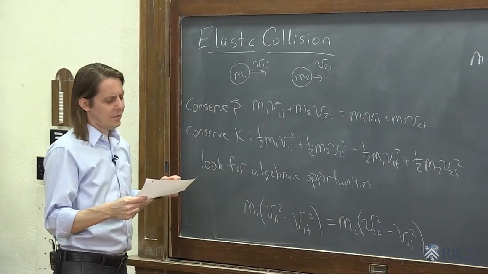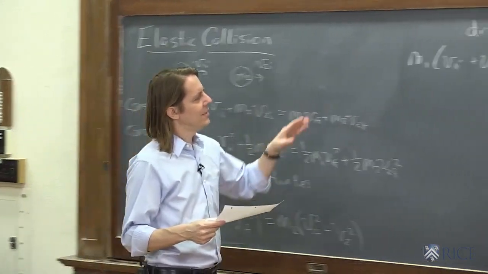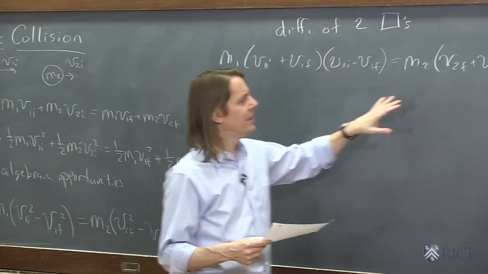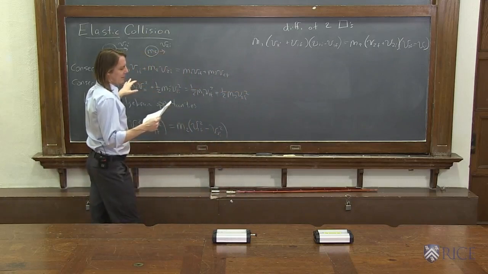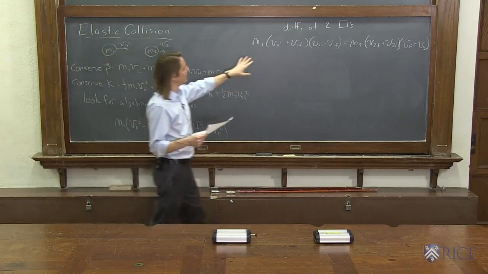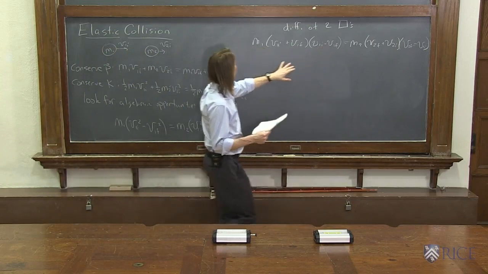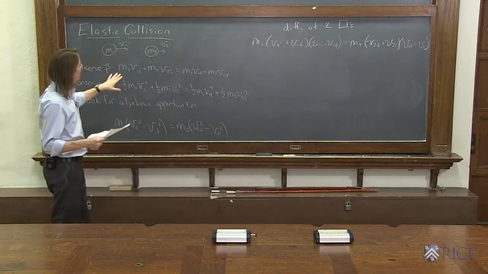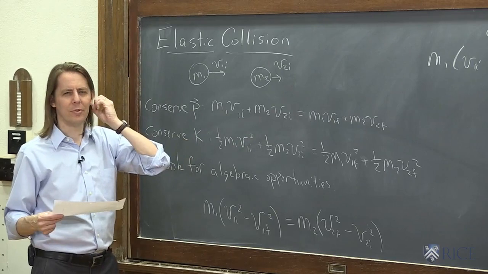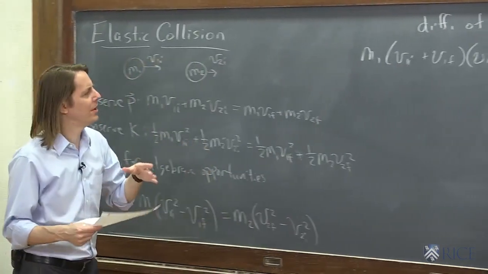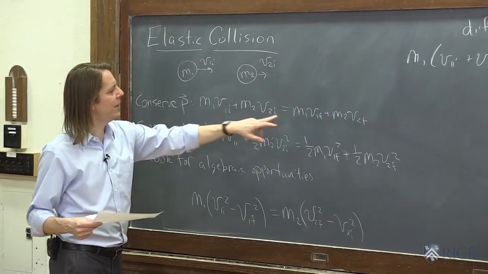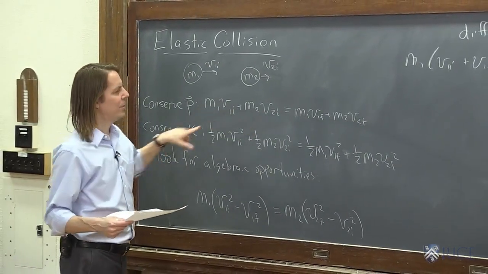All right, so now we have that. This is still just the energy equation. But now let's look over here at this equation, because now we have all these sums and differences. So now let's get the P, the momentum equation, also in terms of those sums and differences. All right? So we have combined V1I and V1F, and they both have an M1 in front of them.